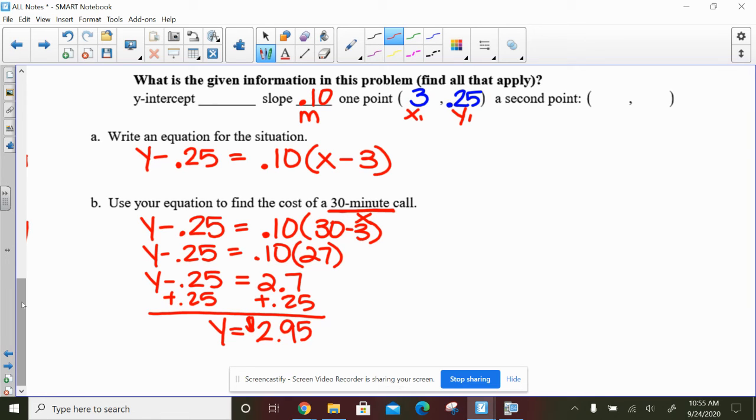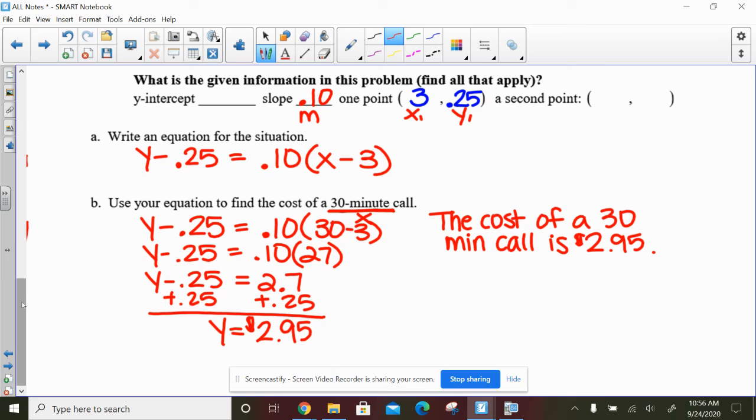So that would give me 2.95. And so that's saying the cost of a 30-minute call is $2.95. Now, we can't go back in and fill in these other values. Like a second point, I could plug in any number that I want for X. So let's say 5.